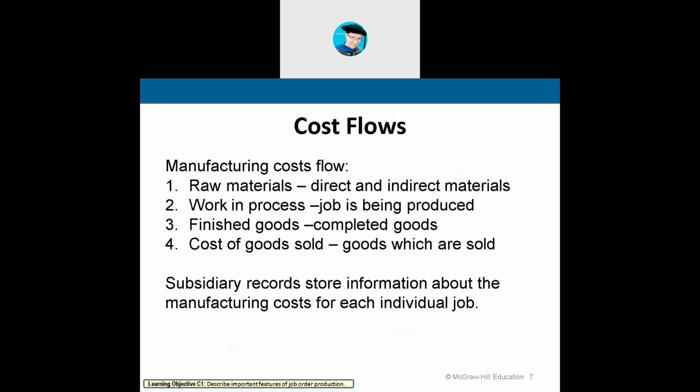Those are direct materials. They make up the majority of the cost of the car. Indirect materials, these are the real small things. Glue, indirect material. We don't use much glue.